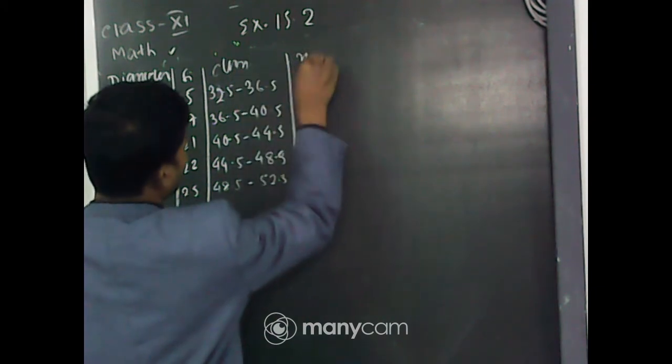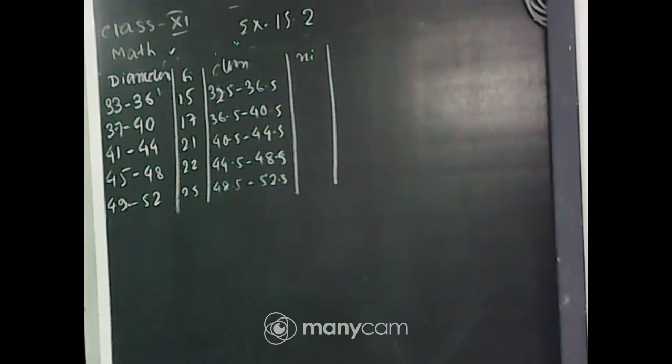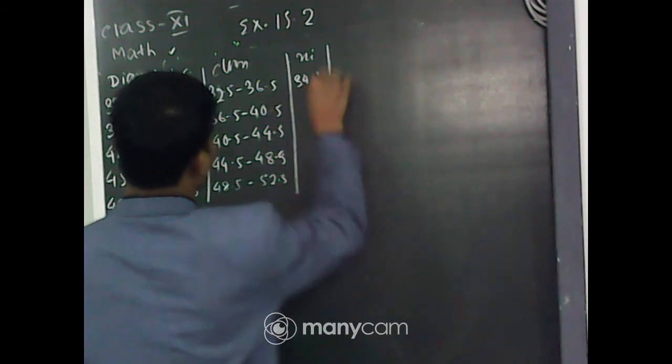Now find the class mark of each interval. Just add 32.5 and 36.5 and divide by 2. So, the result will be 34.5.